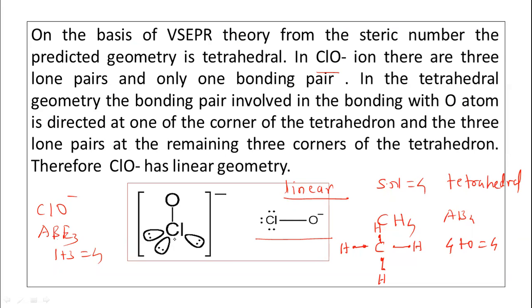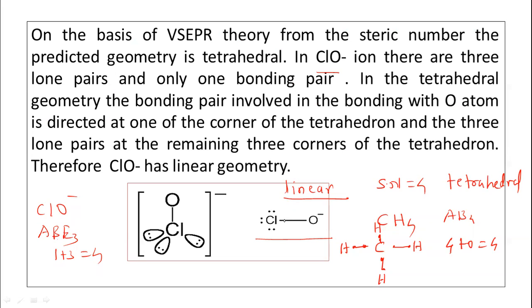That is, there is only one bond. So the three lone pairs are at three corners of the tetrahedron, and the oxygen atom bonded to the chlorine is at one corner. The position of the lone pairs is such that there is minimum repulsion. So the actual geometry of the molecule is linear.